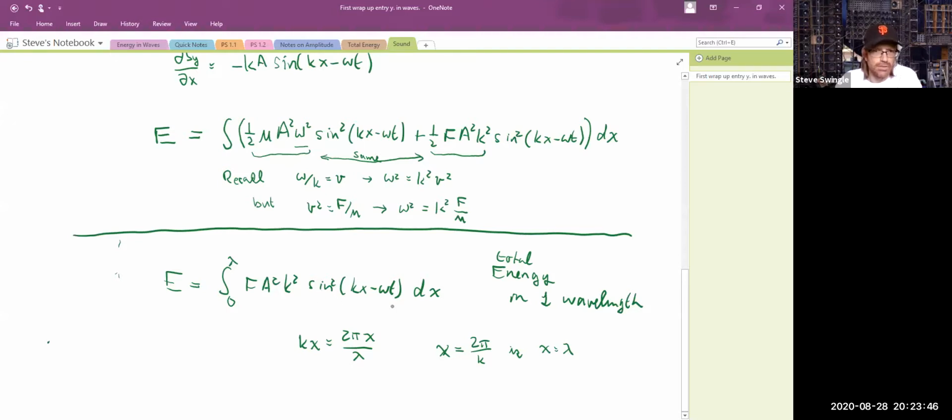So I could just replace the whole thing and say that the energy is F A squared K squared, and then times 1/2 lambda. And of course 1/2 lambda, you could say is pi over K. So, in a sense, that becomes your answer.